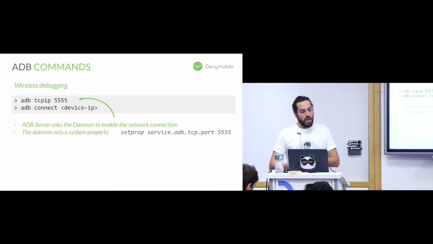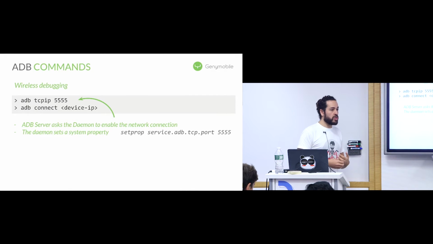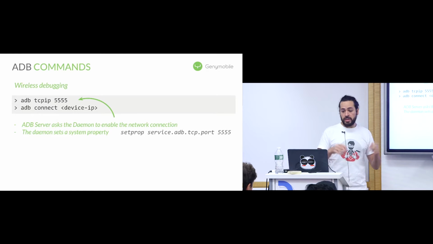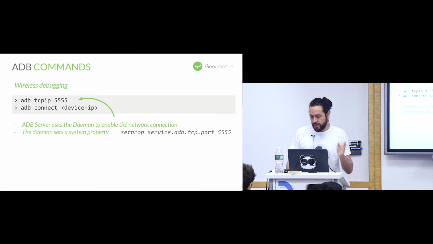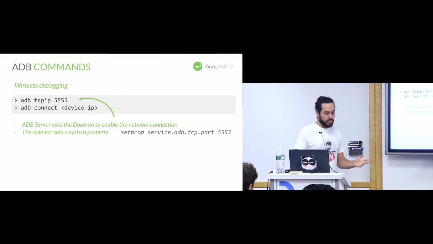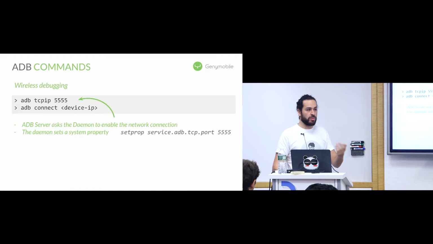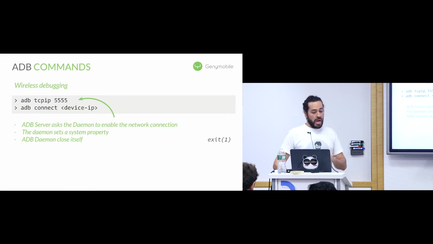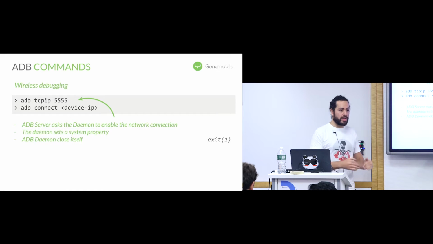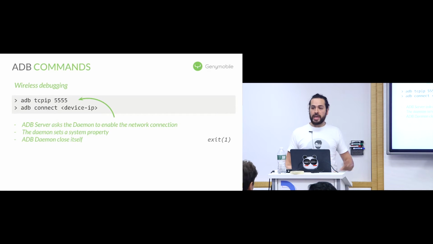Then, when the daemon receives this message, it will set a system property, like executing a setprop, and the name of this, I'm very bad with it, service.adb.tcp.port, okay? And 5555 for the value. So it will set a property. And after doing it, the daemon will close itself. It will call exit, and it will just go away.